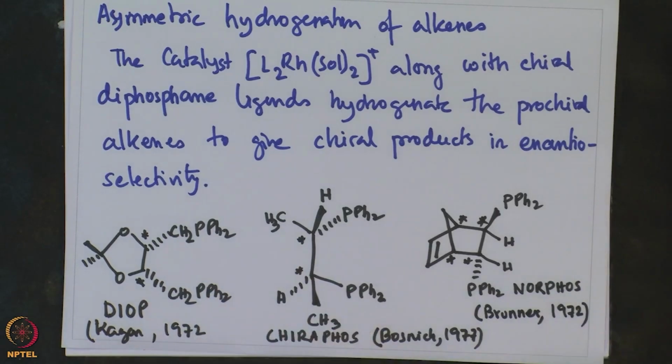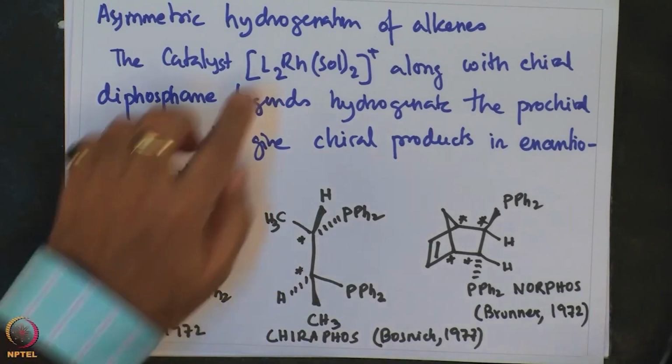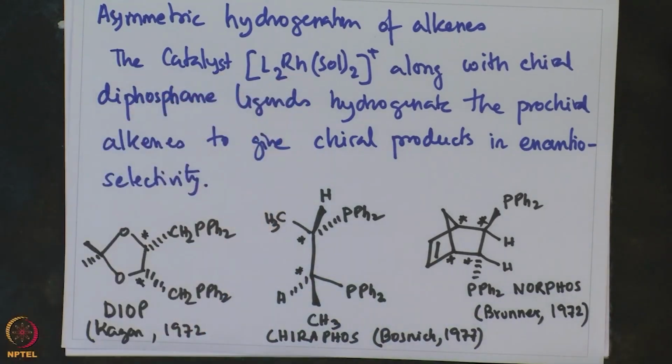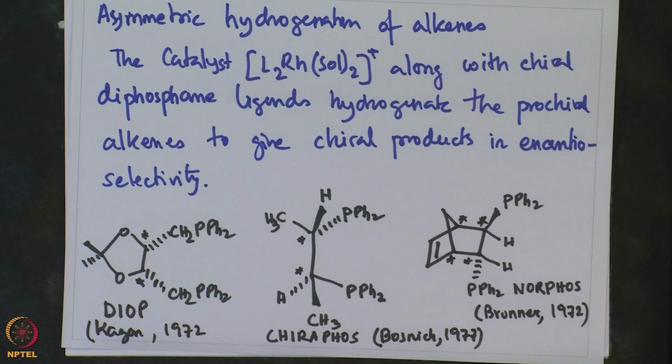So, what one sees is that in this L2 rhodium disolvated plus type of complexes, if one puts a chiral diphosphine ligand of the types DIOP or chirophos or Norphos, then the catalyst can hydrogenate prochiral alkenes to give chiral products in high enantiomeric selectivity.